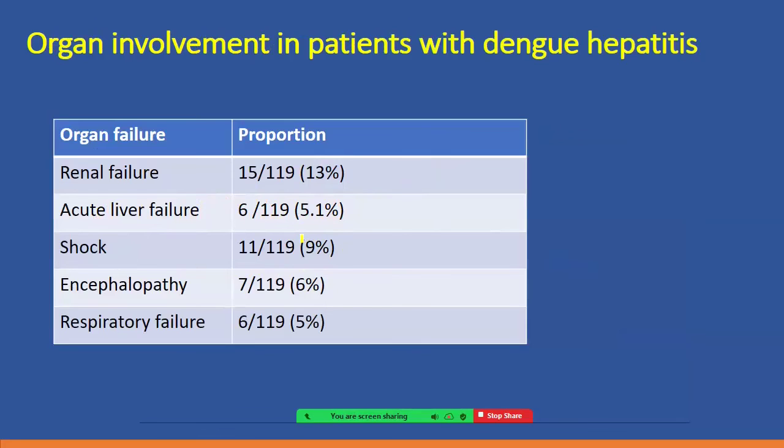Shock was present in 9%, but this is likely to be underestimated because this is a retrospective analysis. So maybe we have some missing data for the shock, but as per the records available, it was 9%. And encephalopathy was found in 6% of the patients. Respiratory failure was recorded in 5% of the patients.